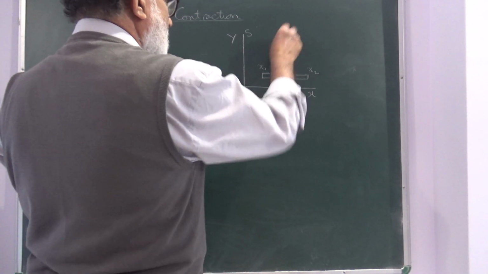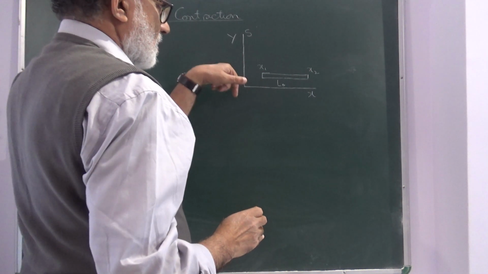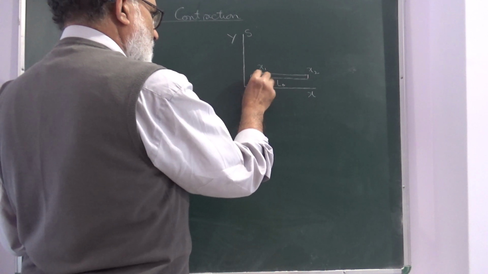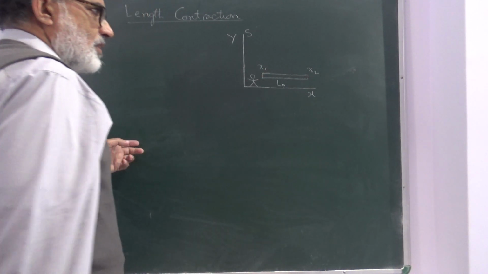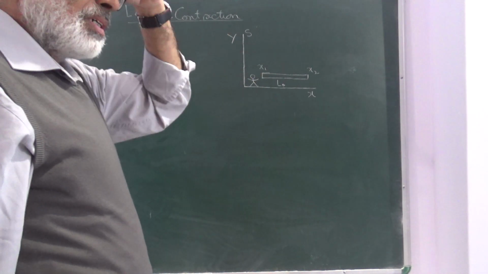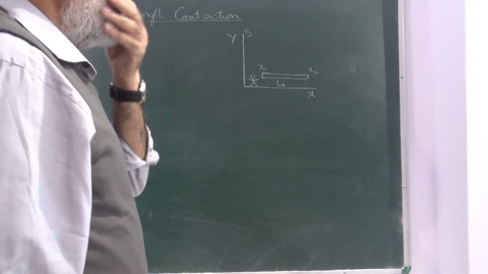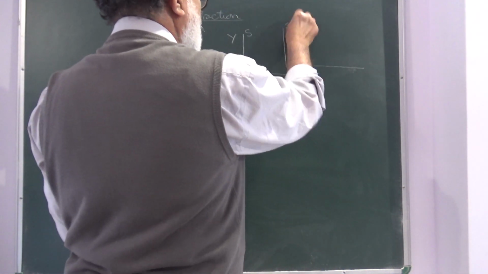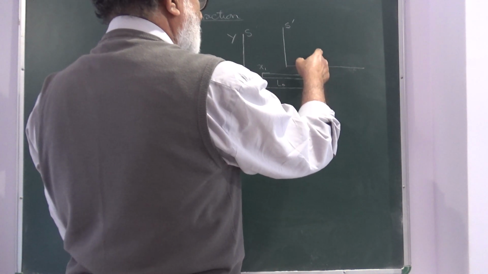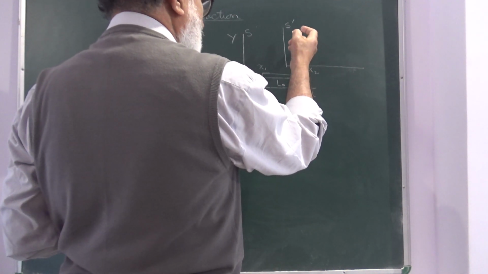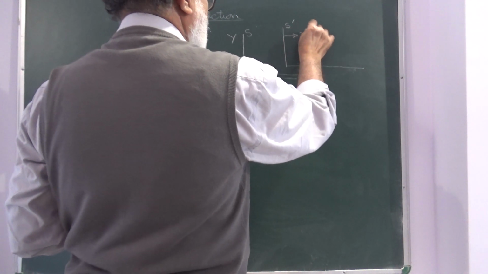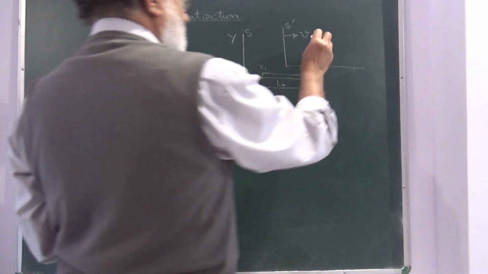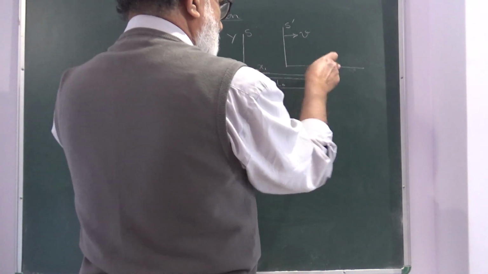Now an observer who is moving relative to this reference frame, in another reference frame S dash with coordinate x dash, sees this rod and measures the length x2 dash minus x1 dash.